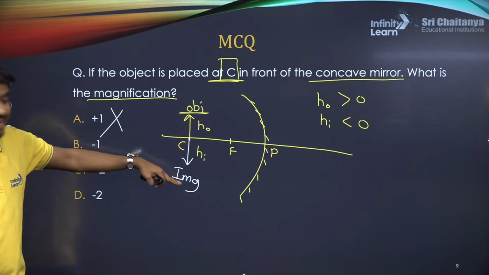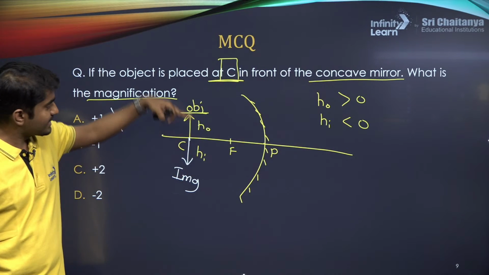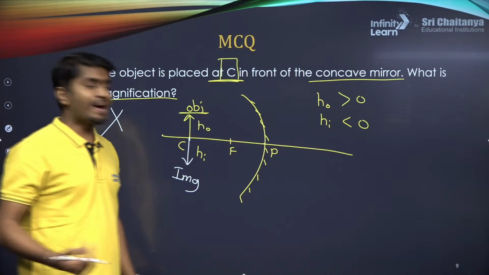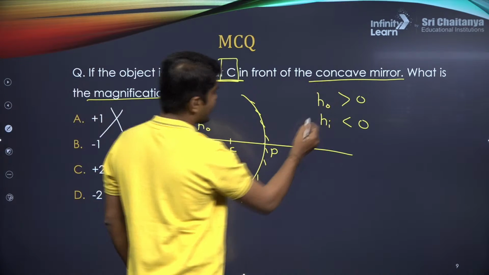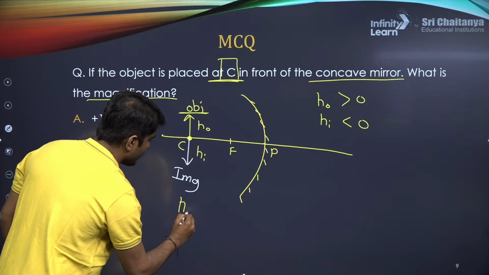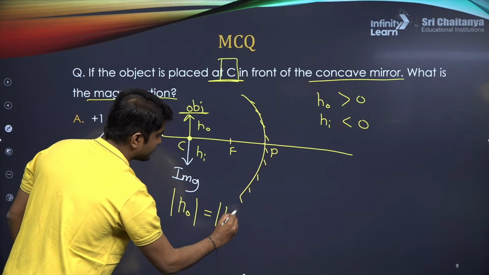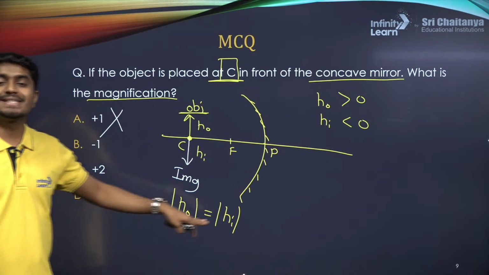The image is below the principal axis, and the object is above the principal axis. So what is the magnification? When you place the object at the center of curvature, the height of the object and the height of the image are equal magnitude-wise.